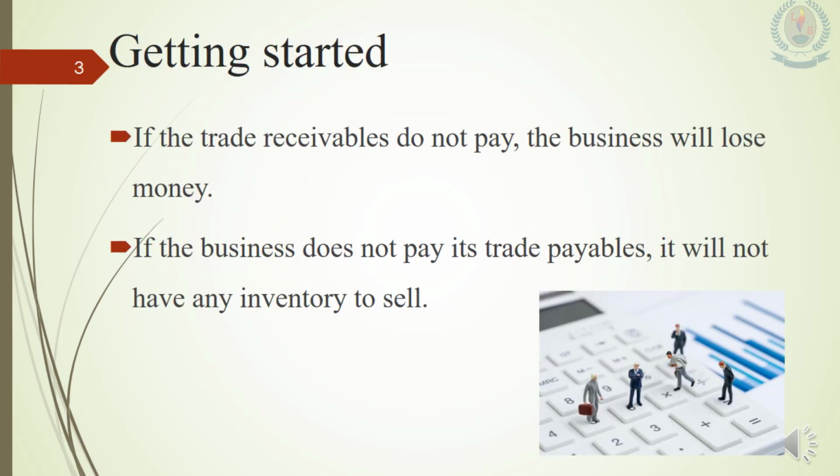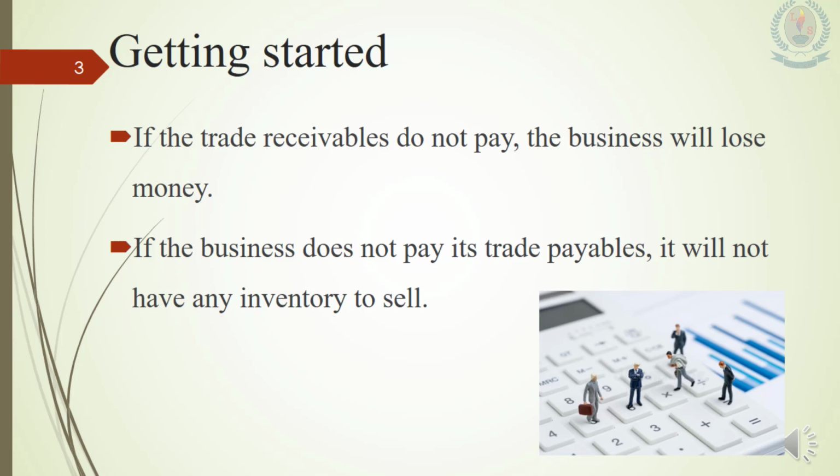Okay children, can you remember the trade receivables and trade payables we learned in chapter 5 books of original entry? Trade receivables are the credit customers of a business and trade payables are the credit suppliers of a business. There should be a proper set of accounts maintained by businesses to keep a good track on the business.